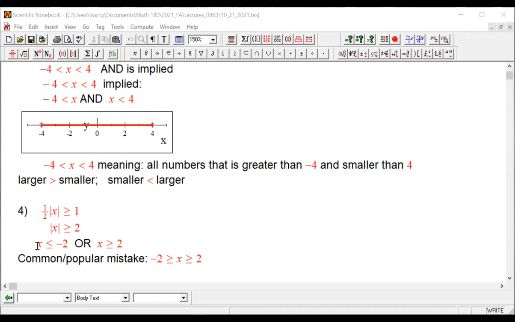And the next one, when we write something like this, we have turned "or" into "and". So what's the meaning of the latter statement?